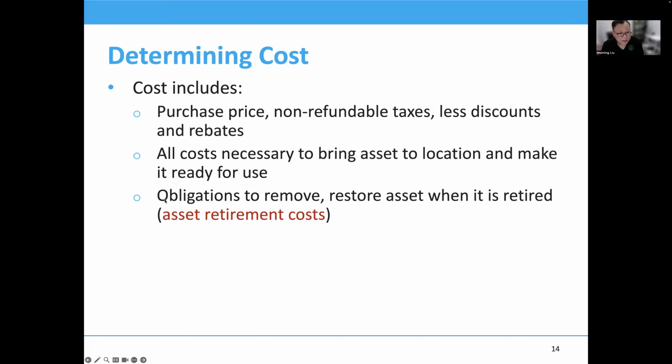And the third one is the obligation to remove and restore assets when they are retired. So sometimes not only do you consider the cost you pay already, sometimes you have to consider the future cost.